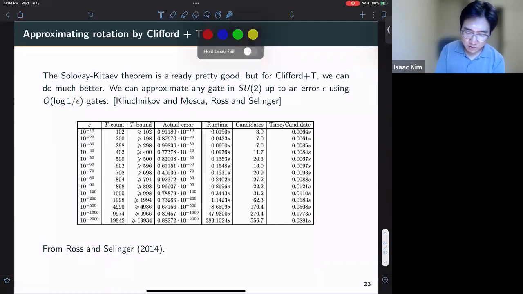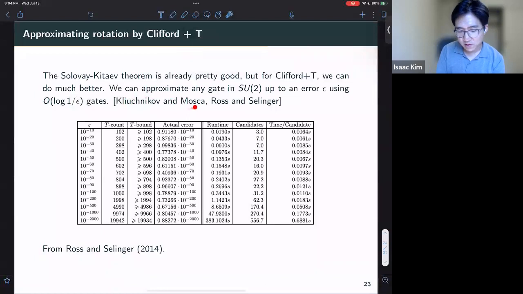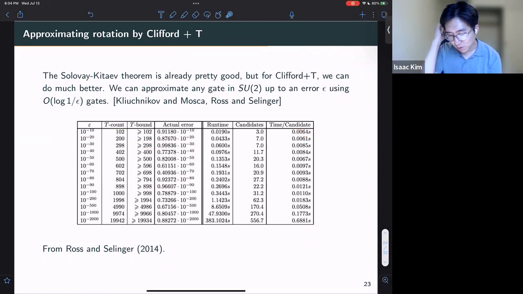This problem was essentially solved by Kliuchnikov and Mosca, and also Ross and Selinger. This is the kind of performance you can get from software written back in 2014, which they ran on a laptop. To get a precision of 10 to the minus 10, you need roughly just 100 gates, and on the laptop the time to calculate this decomposition was around 6 milliseconds.